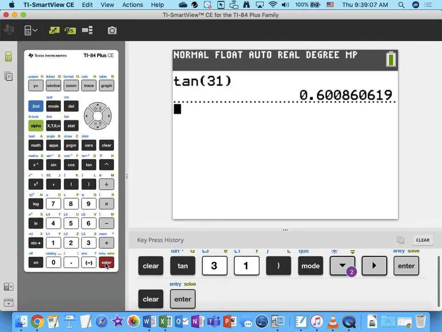0.6. Okay, so that triangle that we drew yesterday, a copy of that exact triangle is stored in the memory of your calculator. So if you know you have a triangle that has a 31-degree angle at the bottom, and you want to know the ratio of side lengths between the opposite and adjacent, you can go look it up.